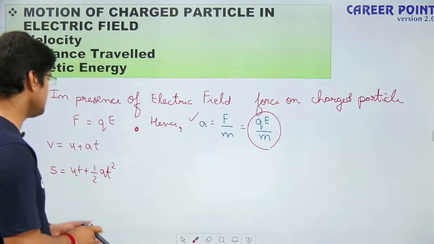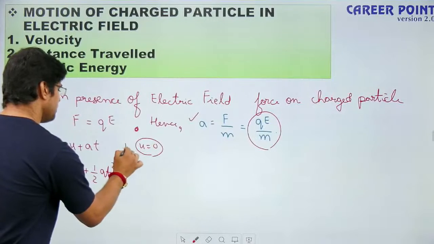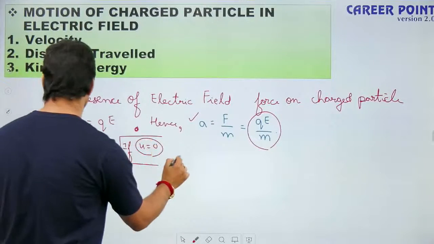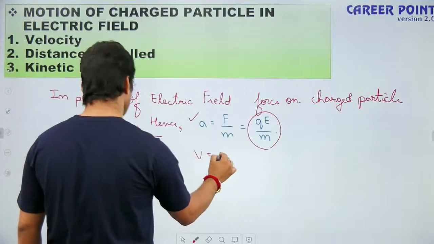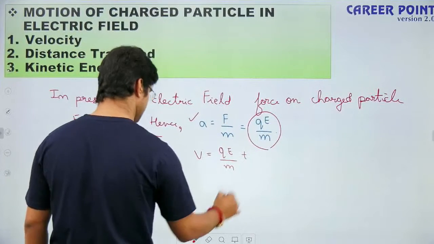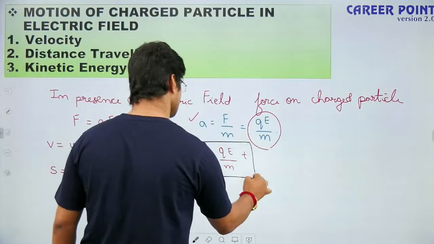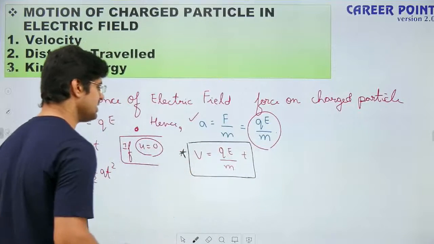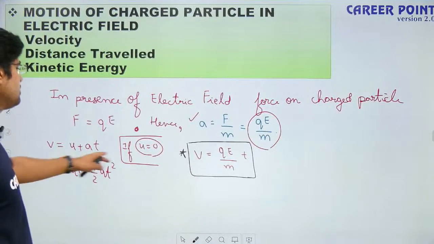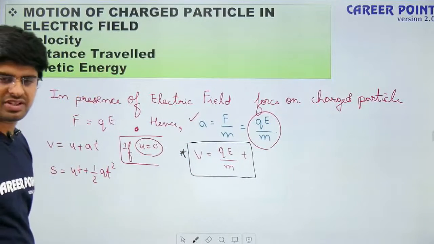So u is equal to 0. If u is equal to 0, v is equal to qE by m into time t. This is the velocity at any time t when the charge is released in presence of electric field.